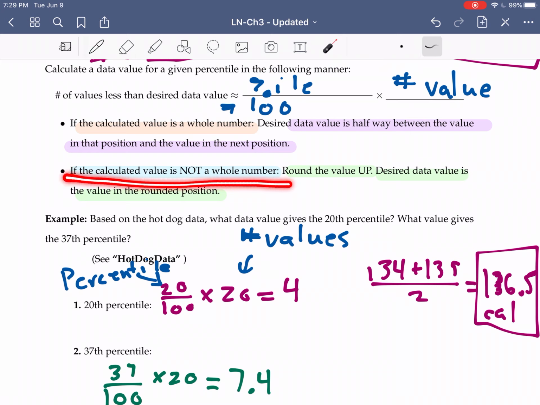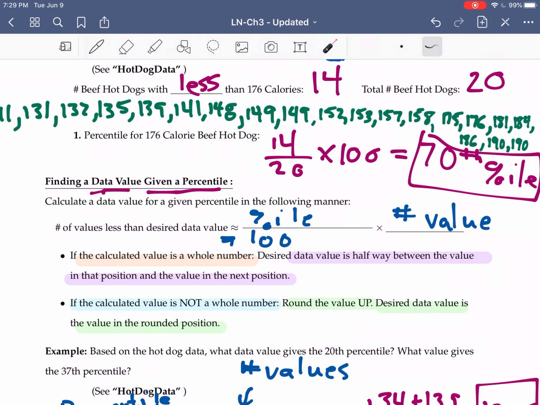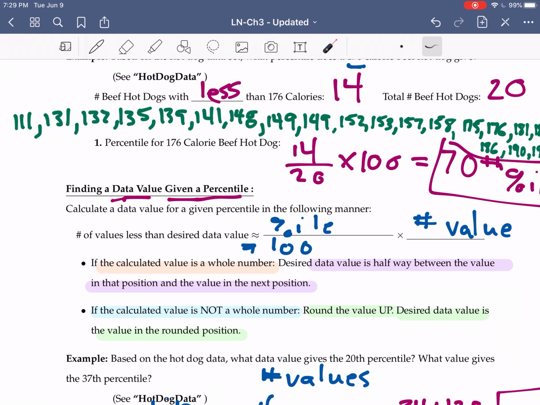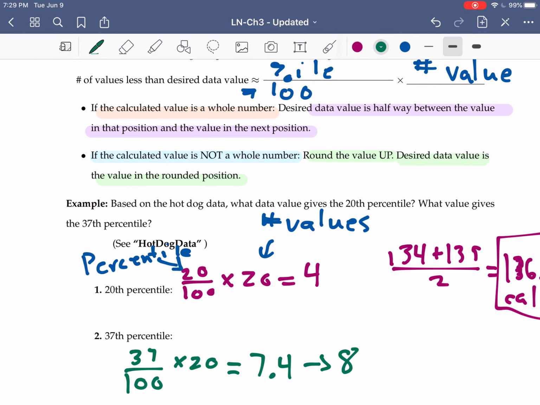This value is not a whole number, so we round it up, even though it doesn't normally round up, to 8. 8 is not the percentile, that is the location of the data value. And so, when we look here, we find from the bottom, 1, 2, 3, 4, 5, 6, 7, 8. So that 149 right there, that's going to give us the 37th percentile.